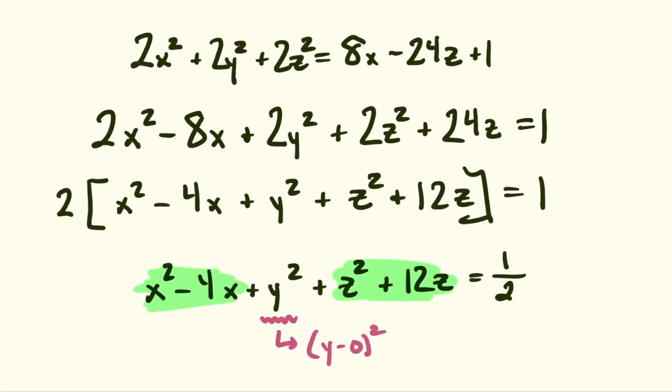So that one already has the shape that we want it to have. So what we are going to do for these two things, and we're going to start with x² − 4x, because we want it as (x − something) squared, we're going to have to complete the square.